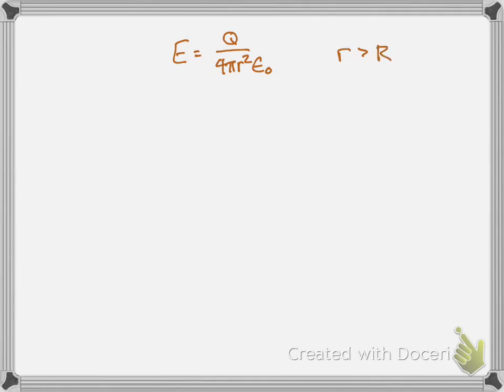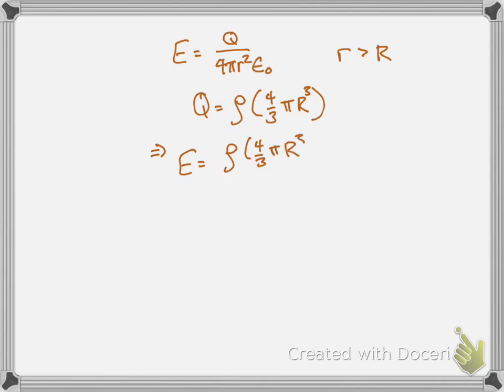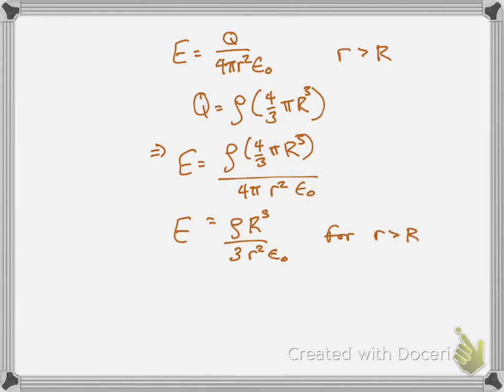But that wasn't good enough because Q wasn't a given quantity. Remember that Q is equal to rho times 4/3 pi big R cubed, right? It was given by the volume of the charged sphere, which is big R, and so therefore the electric field can be written as rho times 4/3 pi big R cubed over 4 pi little r squared epsilon 0.